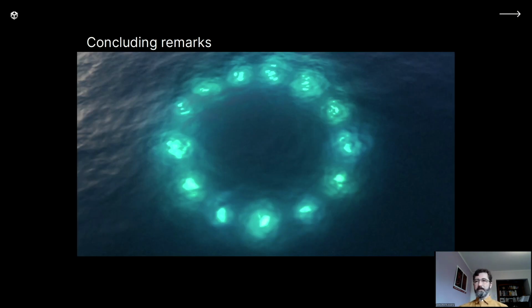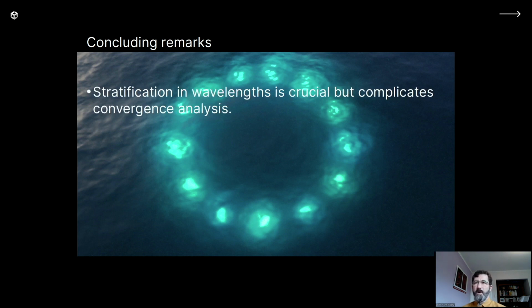And I think I might conclude here with this pretty picture, and a few remarks. So the first thing, I mentioned that the stratification in wavelength is crucial in reducing the noise.